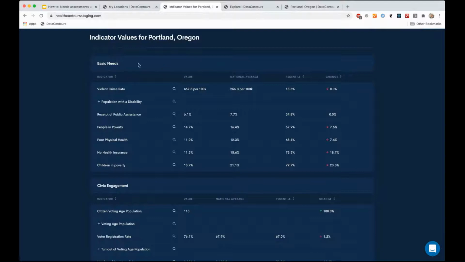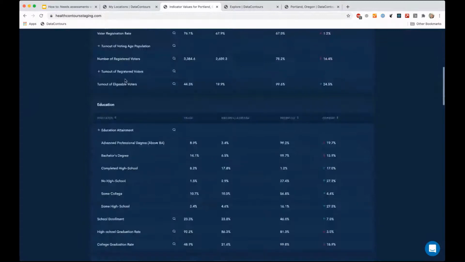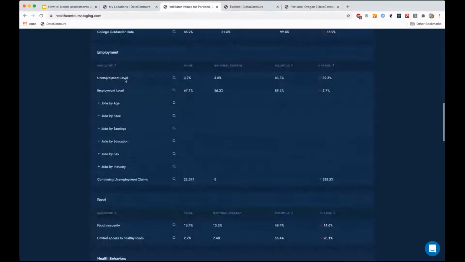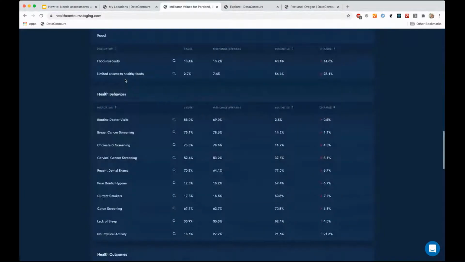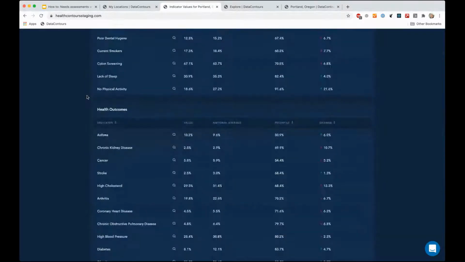The couple of things that we've added in here, you can see, this is basic needs, civic engagement, education, employment, food, housing, and then we've added in some particular categories around health behaviors and health outcomes, especially for health systems and community health departments that are focused more on health needs assessments.